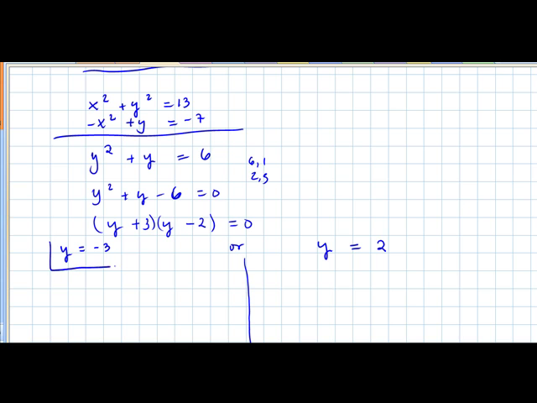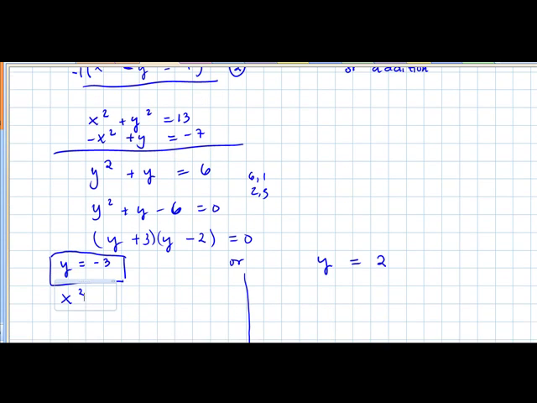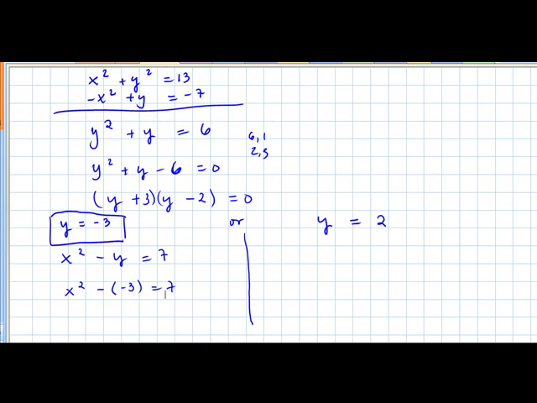So if y equals minus 3, I'm going to copy down my second equation, which is x squared minus y equals 7, and substitute the y, which is minus 3. So I have x squared plus 3 equal to 7.